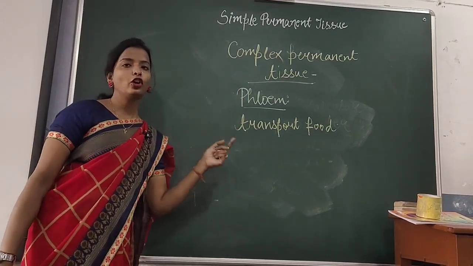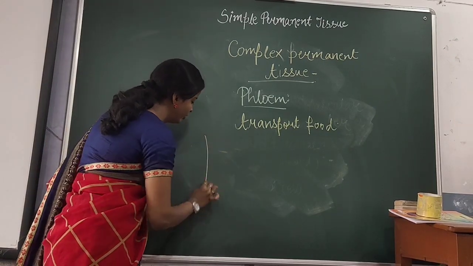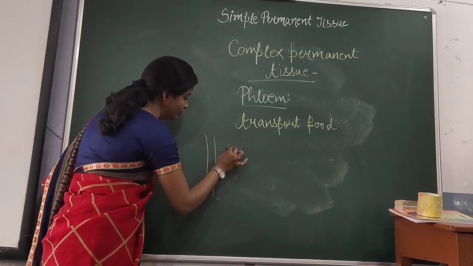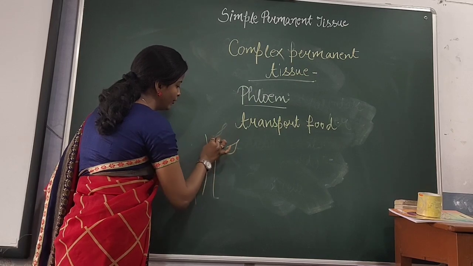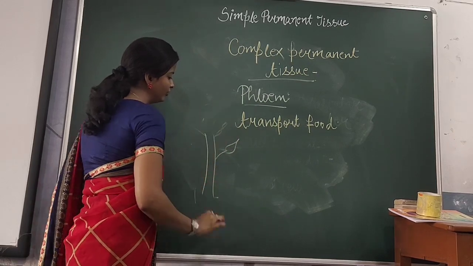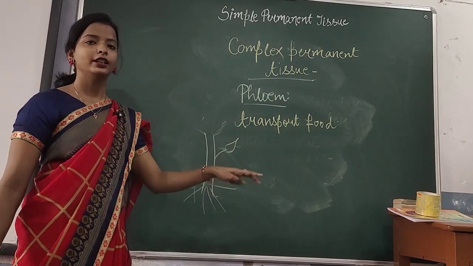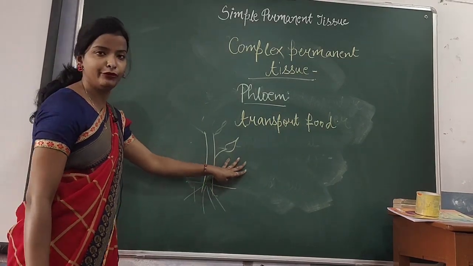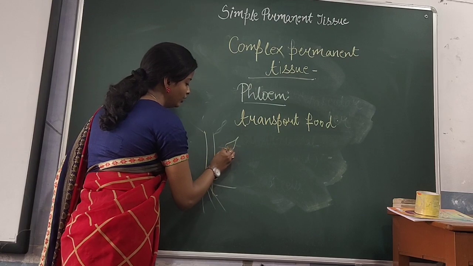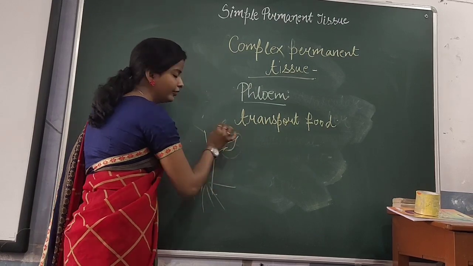Now, when we talk about the direction, suppose this is a plant body. This is a leaf, these are the branches and all. This is the plant body, this is the root. Now you know that the food is prepared in the leaf. So the location of prepared food is the leaf.